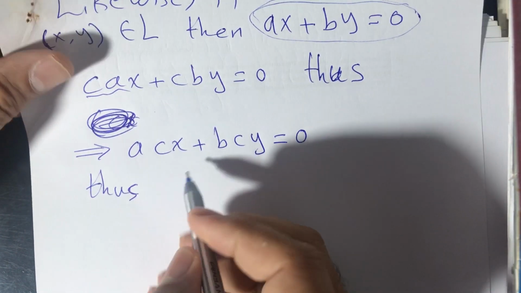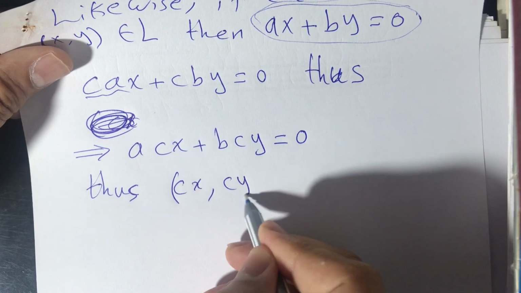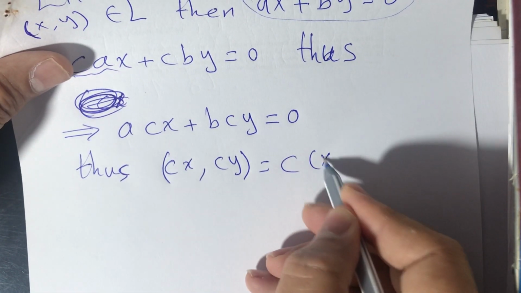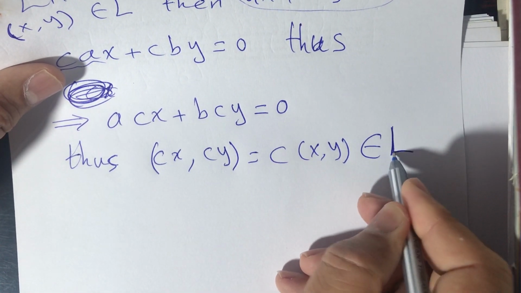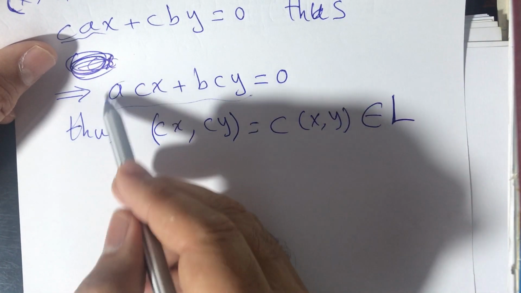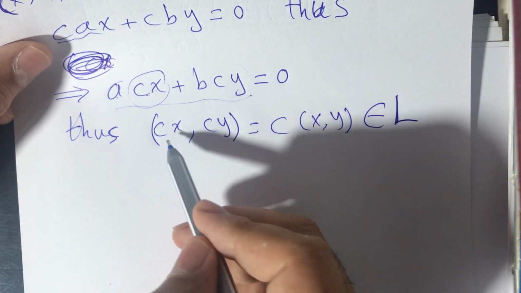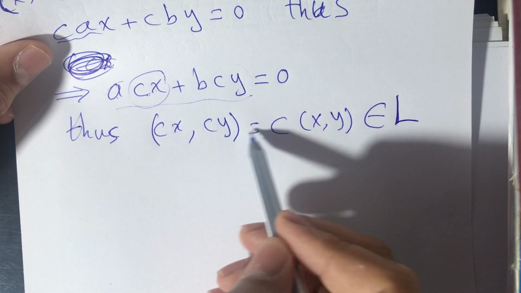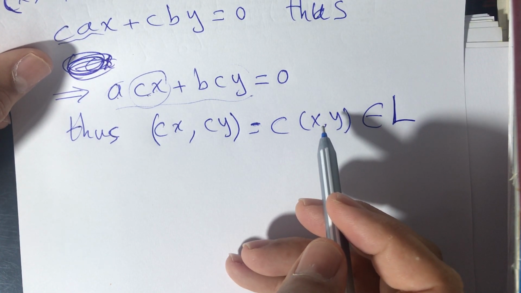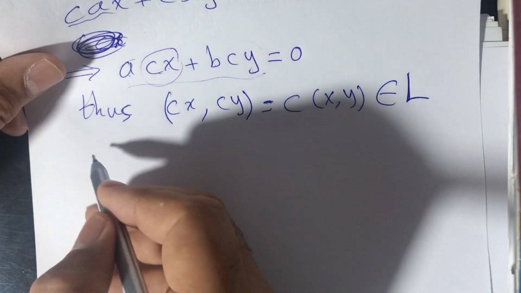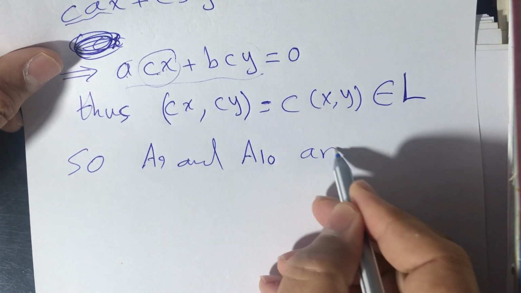Thus (CX, CY) equals C(x, y). This will belong to L because it satisfies this condition: A multiplied by CX, B multiplied by CY. So A9 and A10 are satisfied.